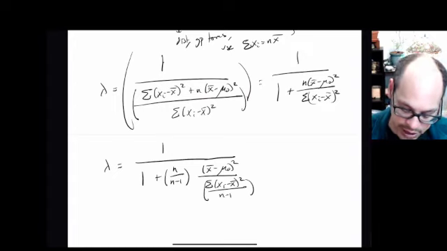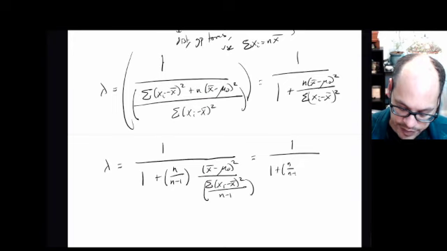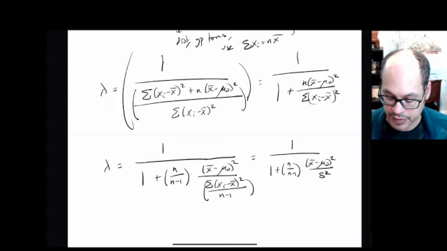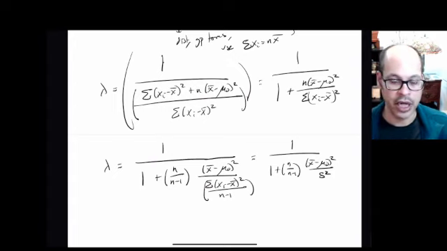Okay, so what does that look like? This is 1 over 1 plus this constant times x bar minus mu naught squared divided by the sample variance. Okay, and now we're basically home free.